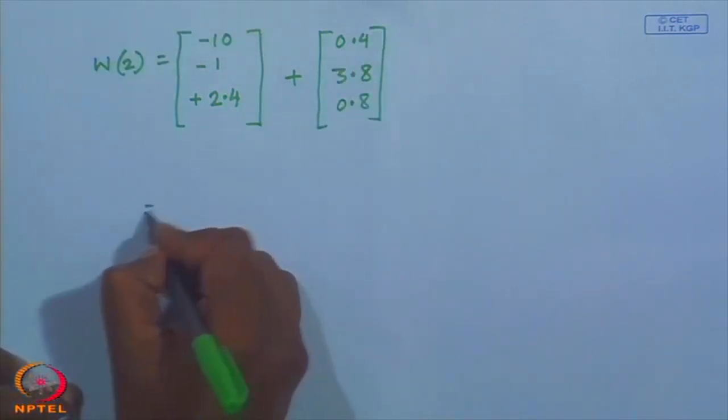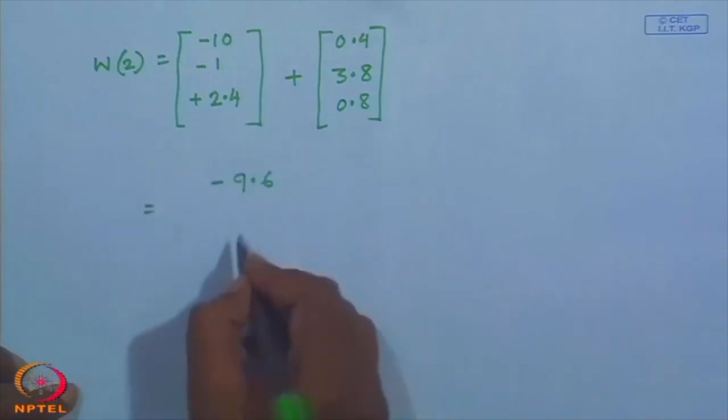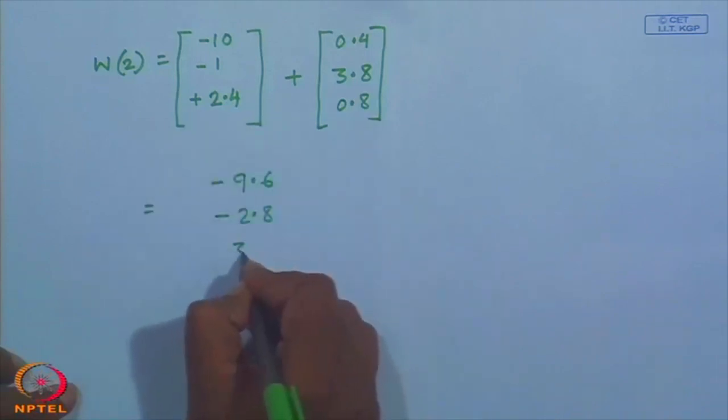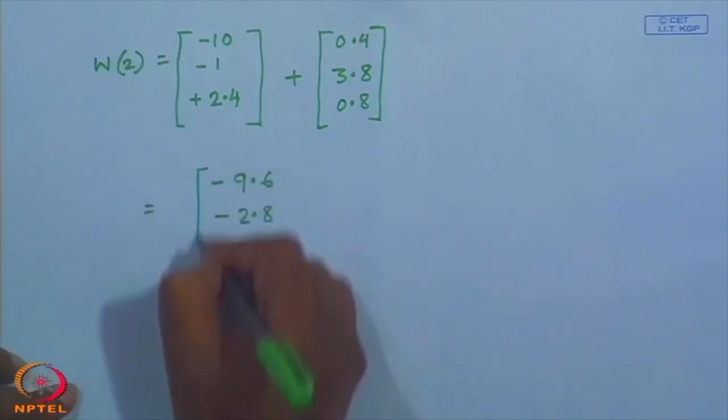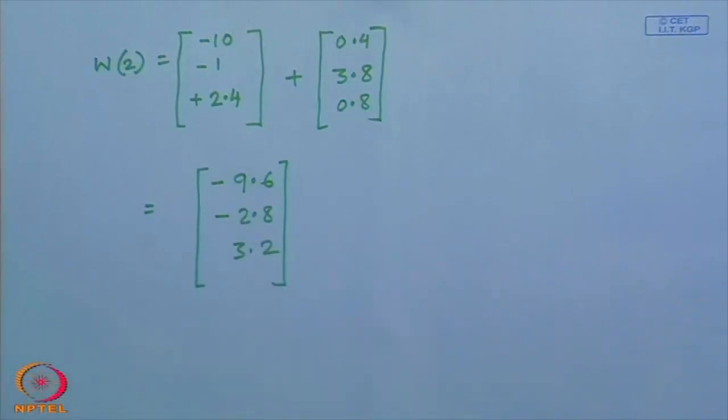So, which will be simply minus 9.6, minus 2.8, and this is 3.2. So, I get my next weight vector W2, which is given by this, that is minus 9.6, minus 2.8 and 3.2.